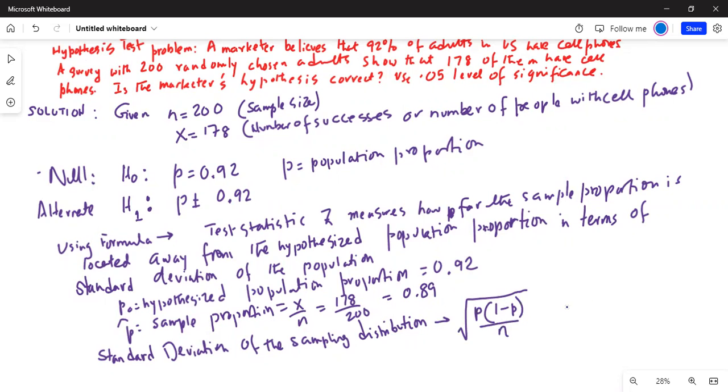Okay, so that will be equal to 0.92 times 1 minus 0.92 divided by my sample size of 200.